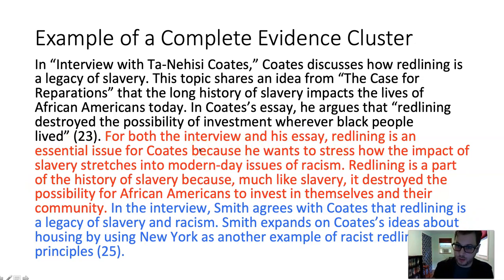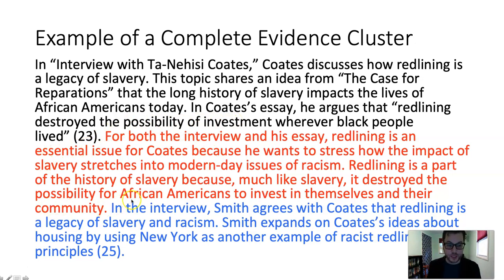Note how here in the red, the writer provides an explanation of what redlining is, explains what is important about the idea expressed in this quote. That is step 1. What is important about the idea of the quote, of the evidence you provided?